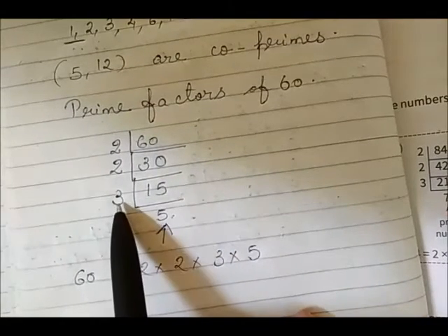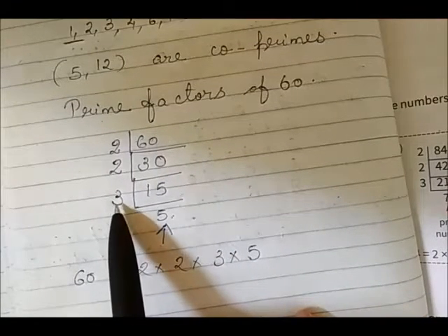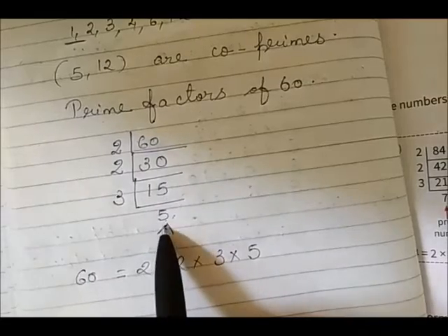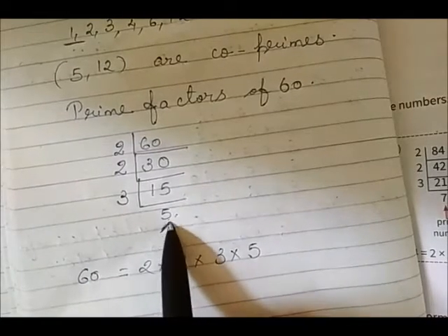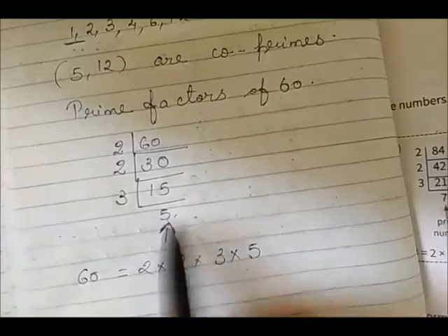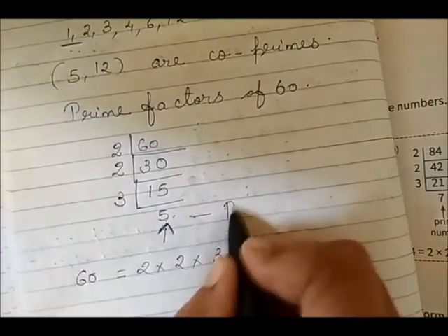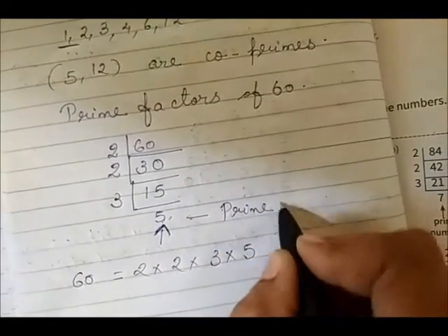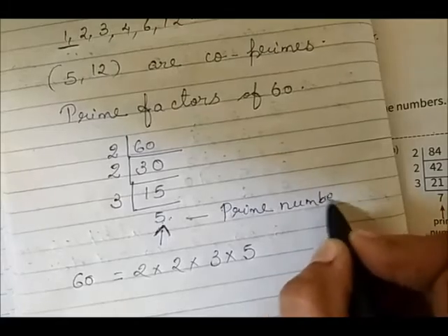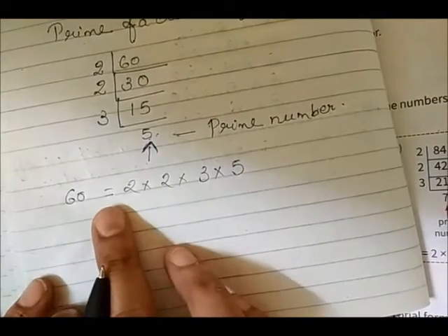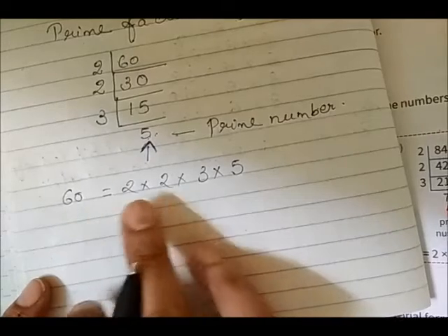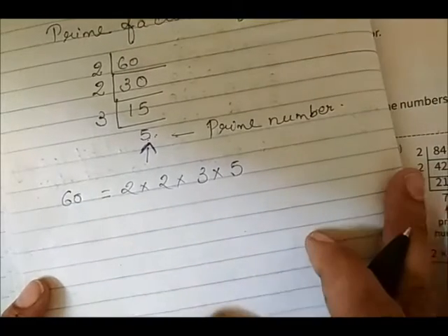So we have taken the next prime number, that is 3. Now 3 fives are 15. We got 5 as the quotient and this is a prime number. If you are getting a prime number as a quotient, then you can stop the long division. So our answer is the prime factorization of 60 is 2 into 2 into 3 into 5.